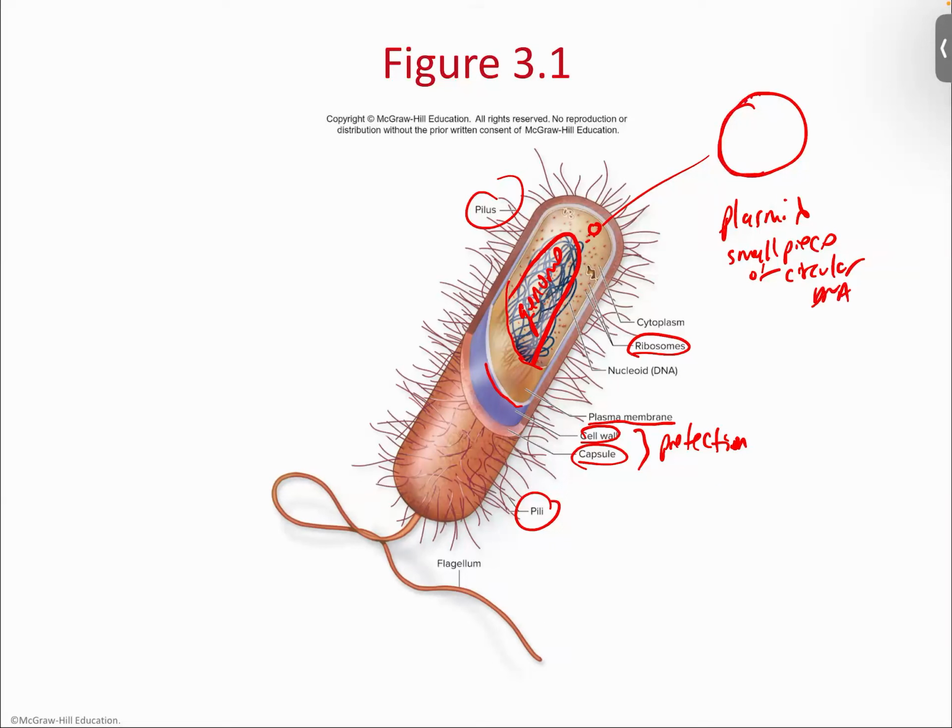The nucleoid is their main genome, and that's what they're dealing with when they go through replication. The plasmid can be swapped back and forth between bacteria. So when you're doing a conjugation, that's more than likely what you're going to be swapping. On this little ring of DNA, you can have things like antibiotic resistance genes.